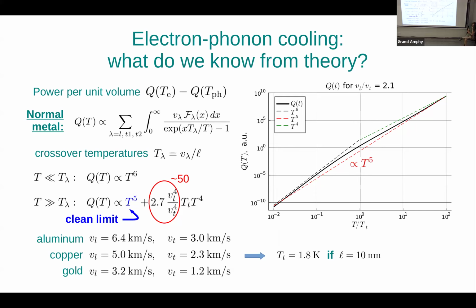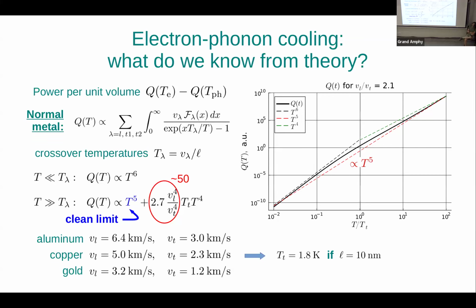From elasticity theory, if you open Landau Lifshitz, the ratio VL over VT should be bigger than square root of 2. And this means that this coefficient in front is at least 10. And in practice, when the ratio is 2, then it's more like 50.